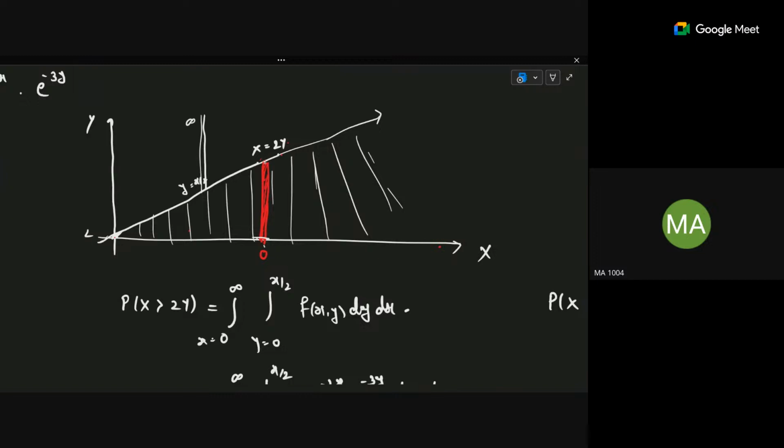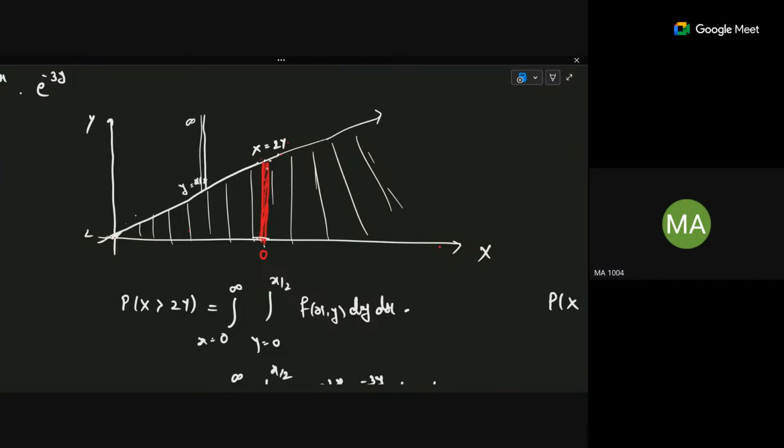So at the lower point, your limit for y is the x-axis. That means y is equal to 0, right? Along this line, the value of y is going to be 0. But your upper limit is what? This slant line, x is equal to twice y.